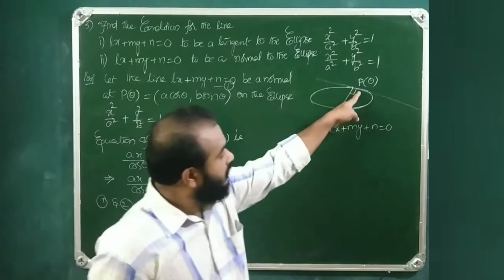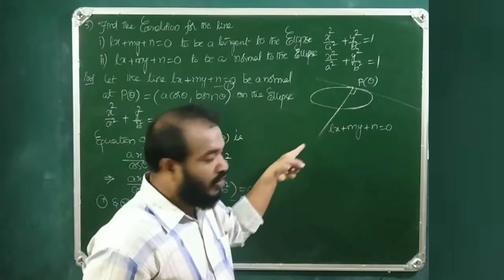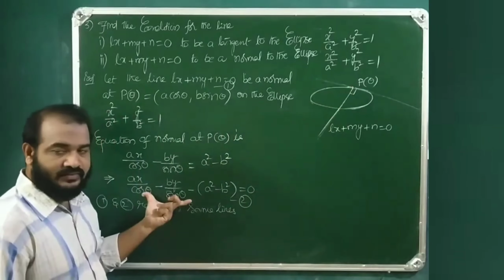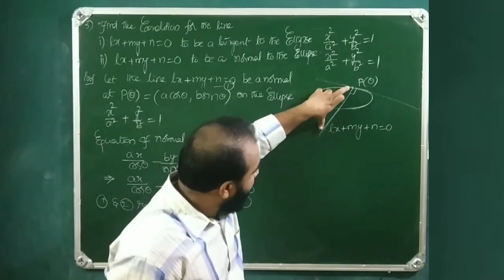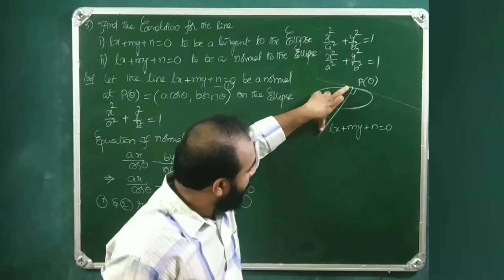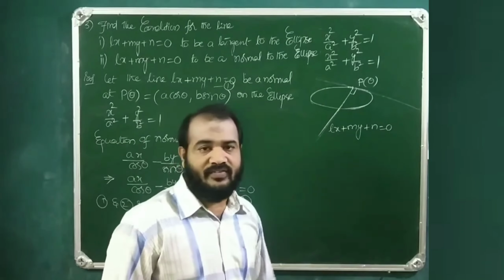At P theta, this is the equation of the normal. But according to the question, the same normal is Lx plus My plus n equals to 0.